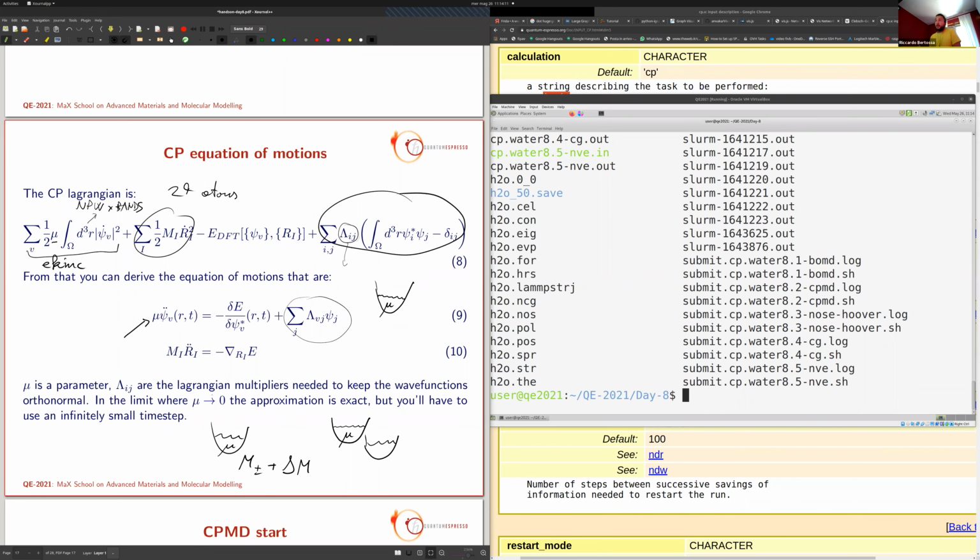So if you choose a mu, an electron fictitious mass, that is too large, you have these issues, but this is not all. You will have another issue that is the coupling between the electronic degrees of freedom and the ionic degrees of freedom.